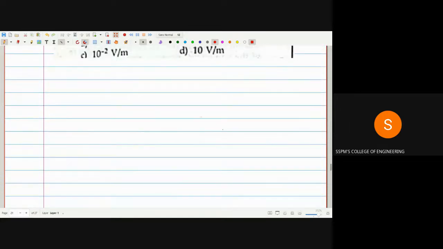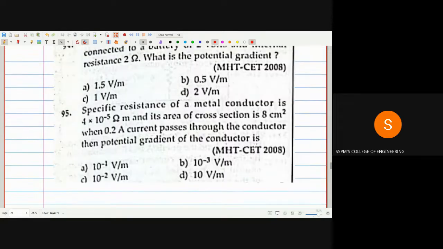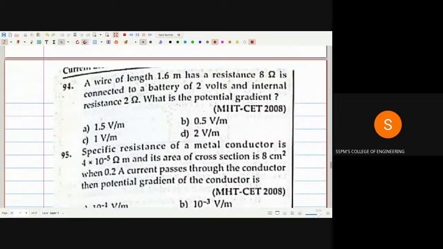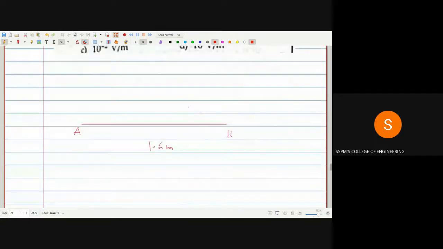Let me draw the circuit. Wire AB is connected, of length 1.6 meter. The resistance is 8 ohm, and the battery is connected with internal resistance.